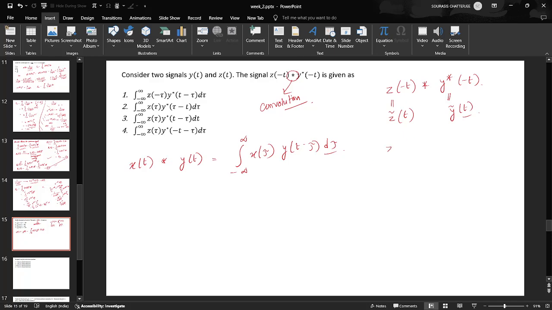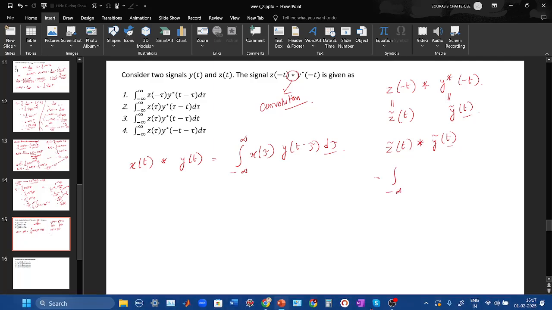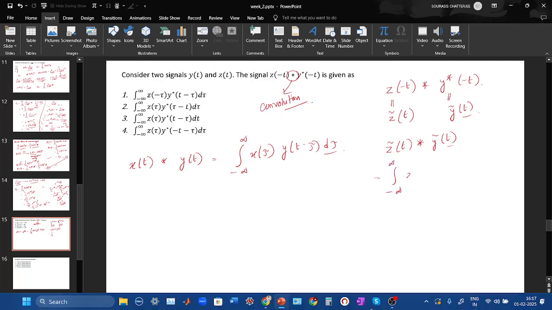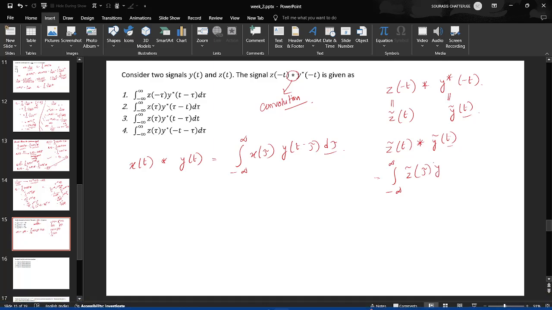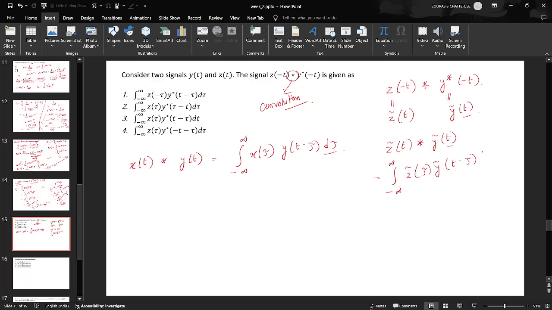So then we are supposed to find the convolution between z tilde t and y tilde t. So let's try to find them. It will be given as the integral from minus infinity to infinity of z tilde tau y tilde t minus tau d tau.